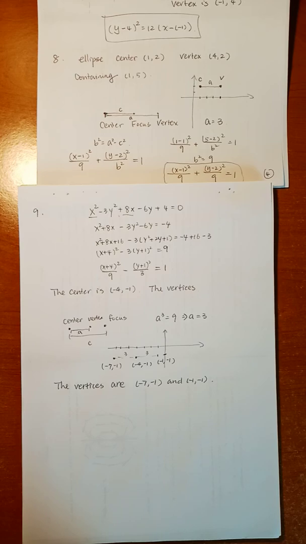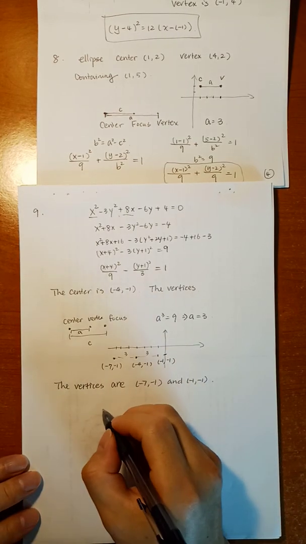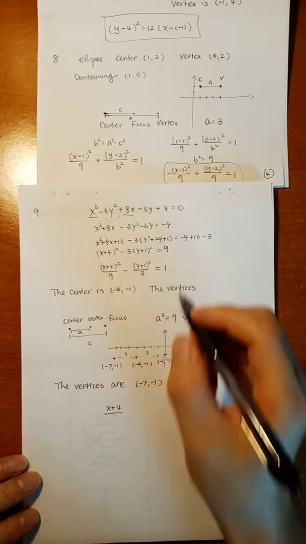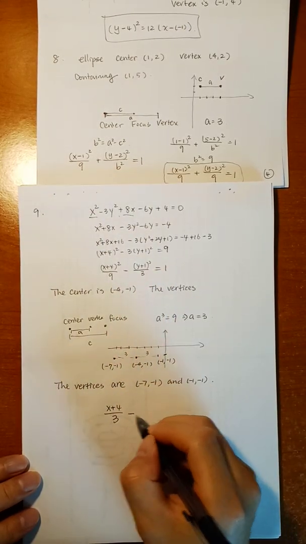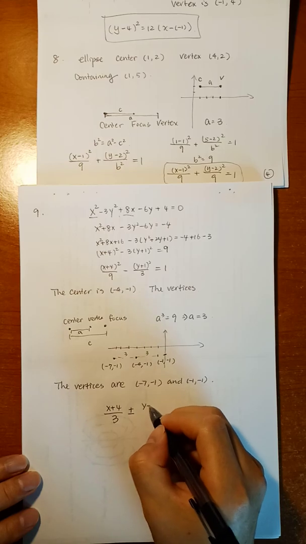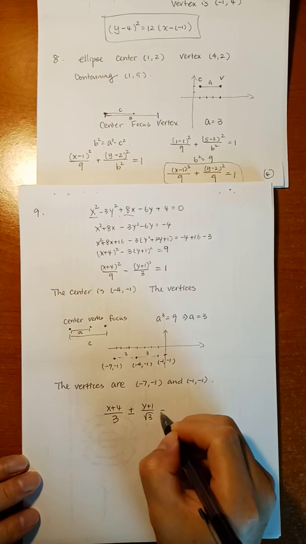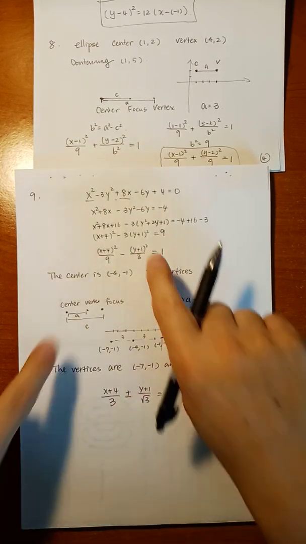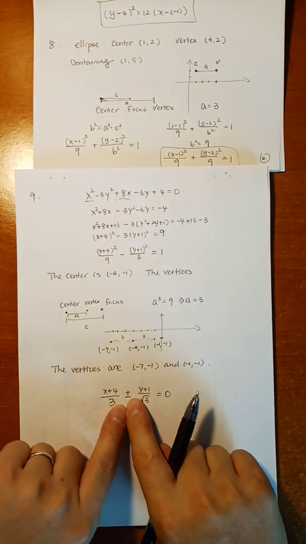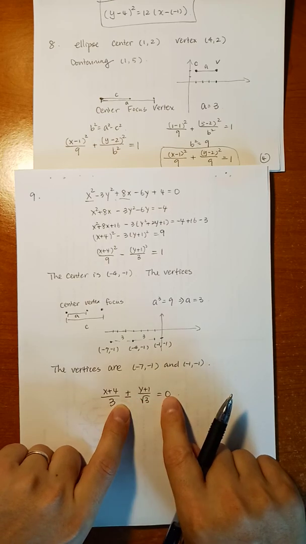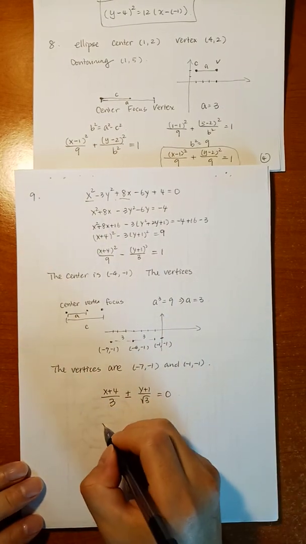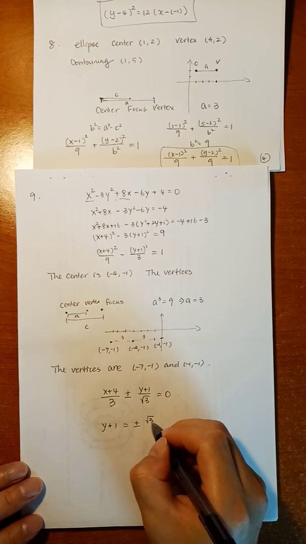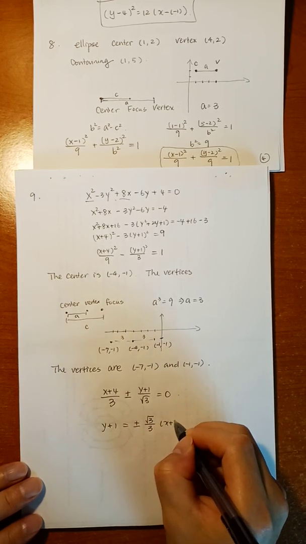What else? Asymptotes. The asymptotes are x plus 4 over 3. You just remove the square: minus or plus y plus 1 over square root of 3 equal to 0. Just remove all the squares, change the minus sign to plus or minus, and put 0 here. So you can write y plus 1 is equal to plus or minus square root of 3 over 3 times x plus 1.